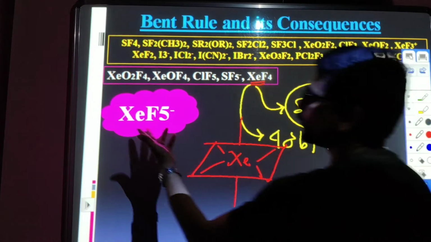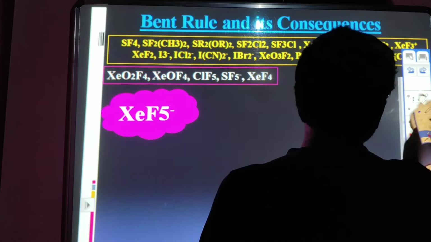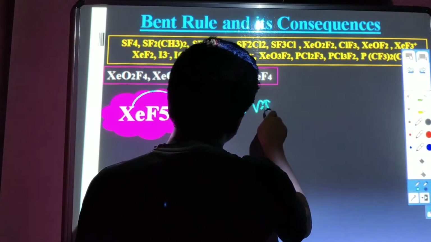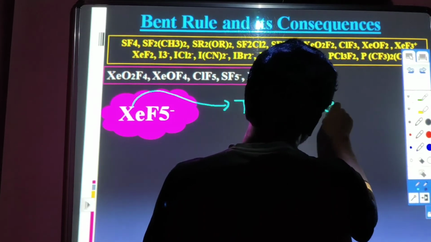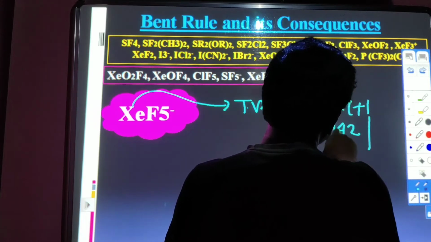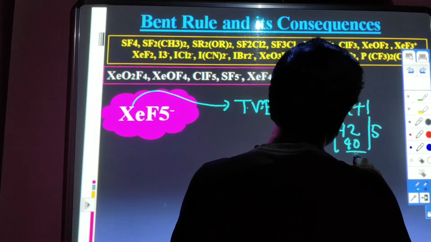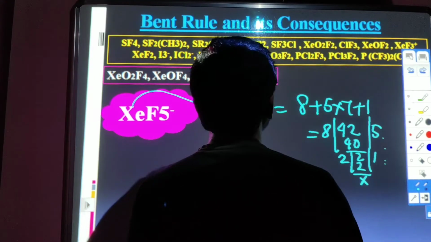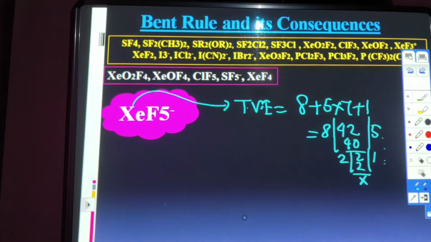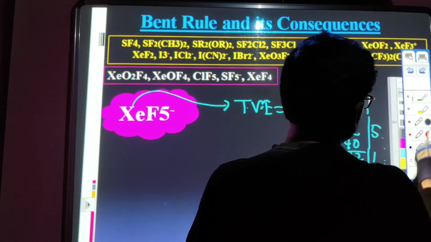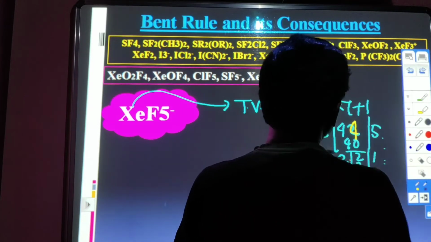Okay. One more, that is XeF5 minus. Total valence electrons if you calculate, then 8 plus 5 multiplied by 7 plus 1, that is 44.